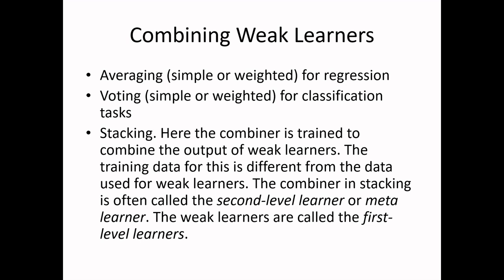The example I showed you was for classification, all right? If you were doing it for regression, you can simply do the average or weighted average of the output from different learners. For classification, you can do simple voting or weighted voting for different learners.